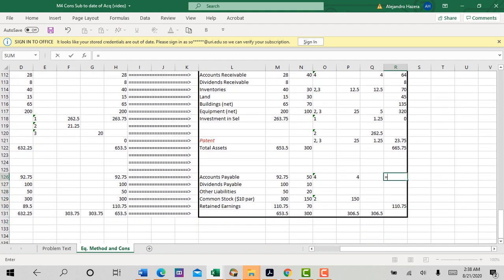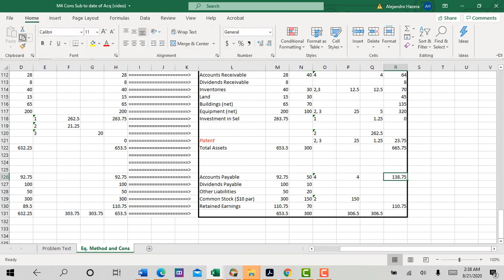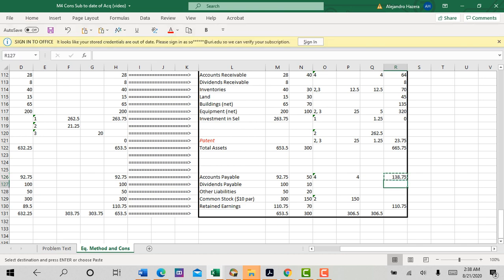Okay, our accounts payable is the parent plus 50, minus the debits plus any credits we might have. So we can just go ahead and copy this down to dividends payable, other liabilities, and I believe even common stock.